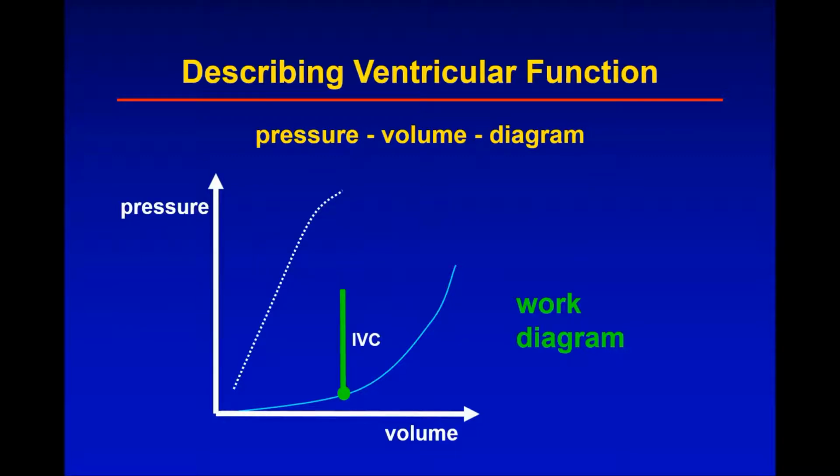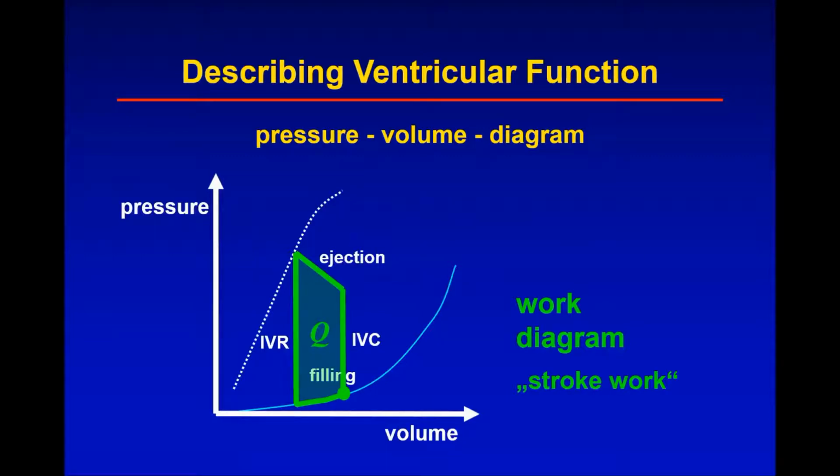And these were pressure volume loops, showing the relation between the volume of the left chamber and the pressure inside the chamber. What was shown there in this loop is the so-called work diagram. This work diagram describes the stroke work. This is the work that is performed by the heart towards the outside world.